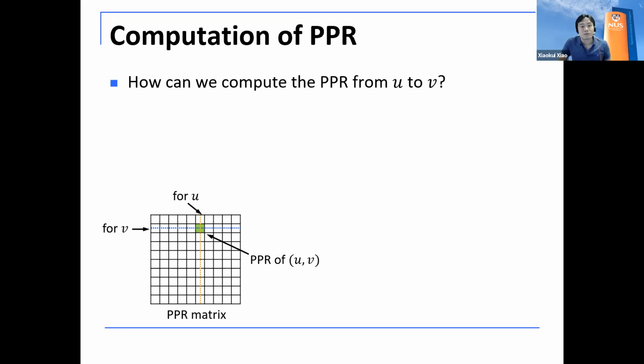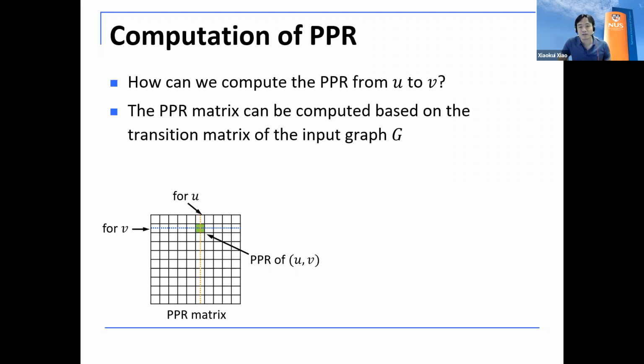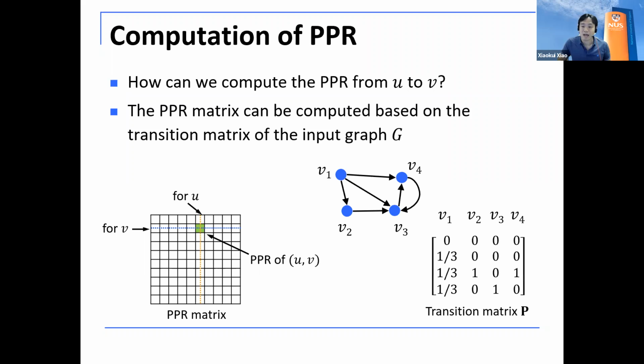There are quite a few different ways to do it. And one of the simplest ways is to utilize the transition matrix of the input graph. By the transition matrix, what I mean is an n by n matrix where each column corresponds to a node in the graph, and each entry corresponds to an edge in the graph. And the value of the entry will be equal to 1 over the degree of the node where the edge starts from.